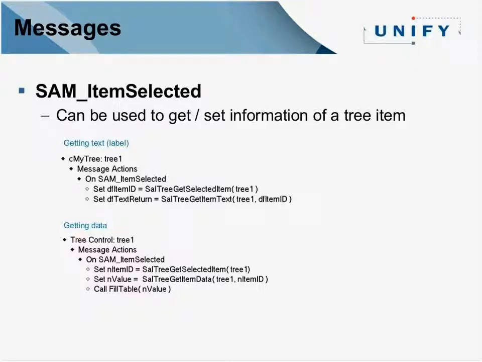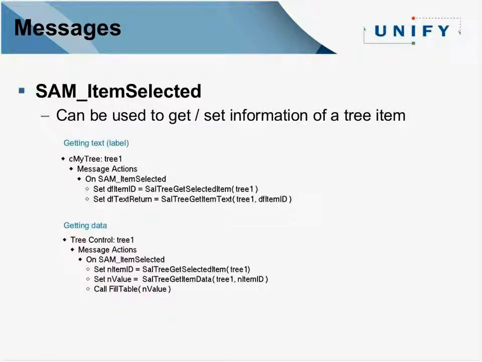In the second snippet, you can see that I have an item selected again, and I click on a special item, and again I get back the item ID of the item which I have selected inside my tree control. Tree get item data gives me back the non-visible data of this item.